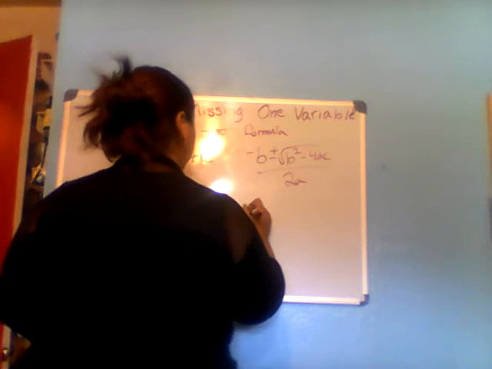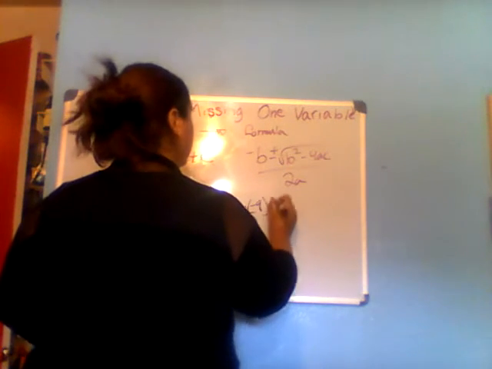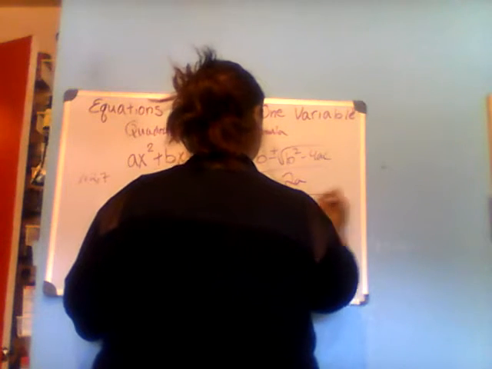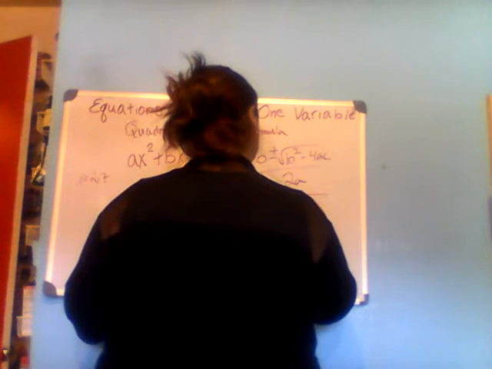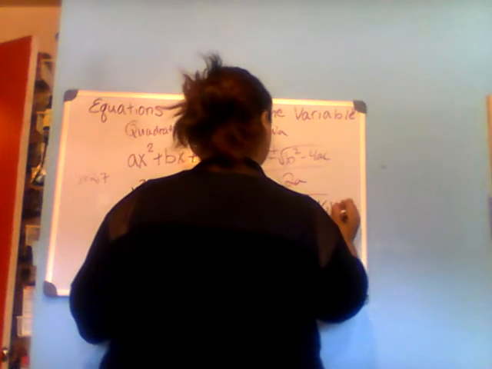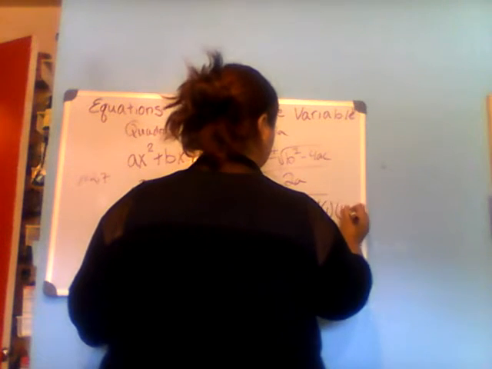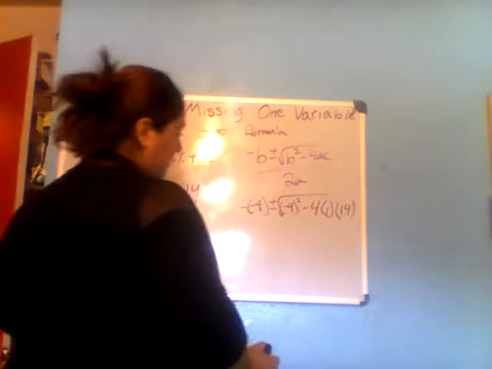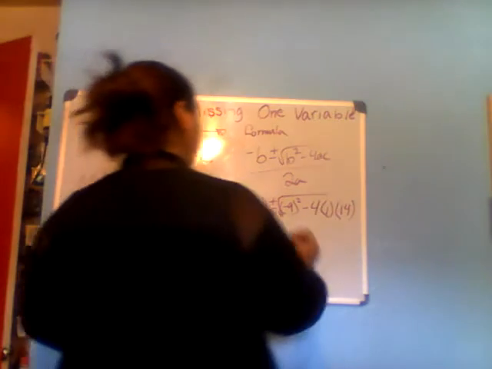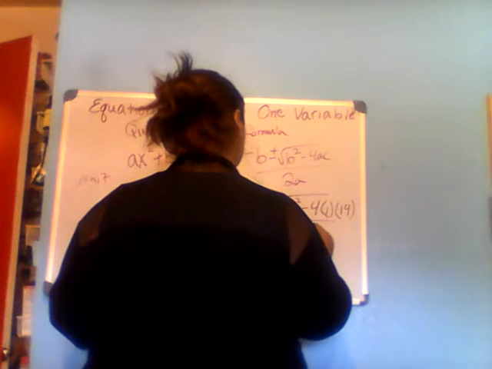B tells me negative 9 plus or minus, because that's going to give me the two different variables right there. B squared is negative 9 squared minus 4, then A was 1, and C is 14, all over 2 times 1.